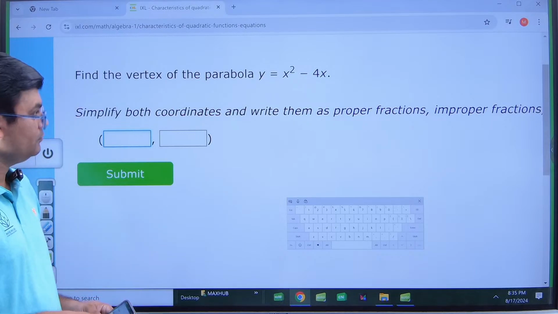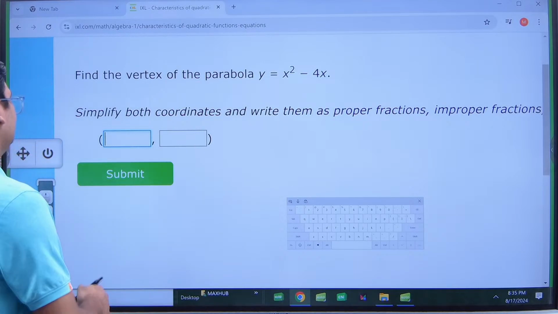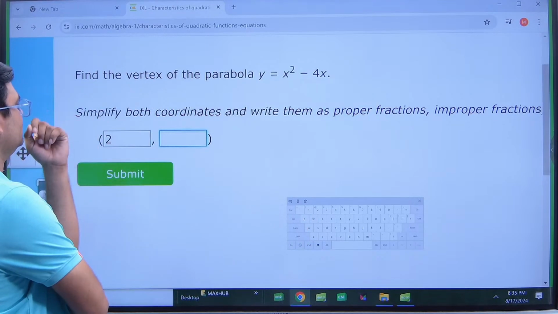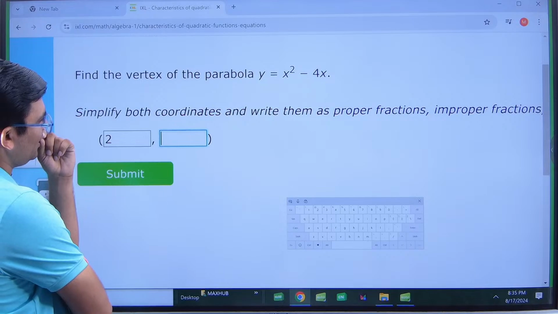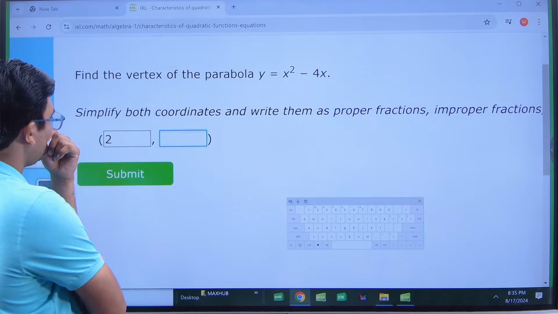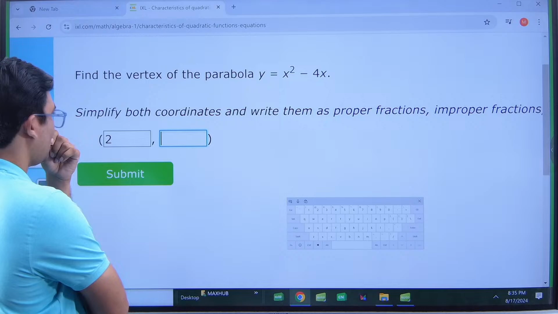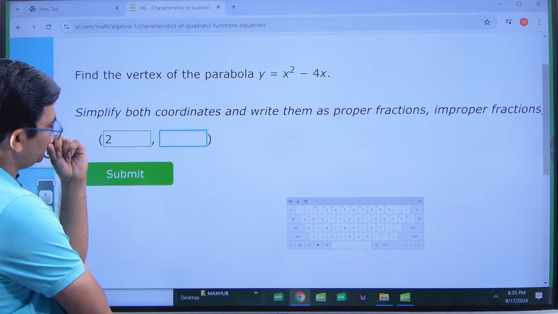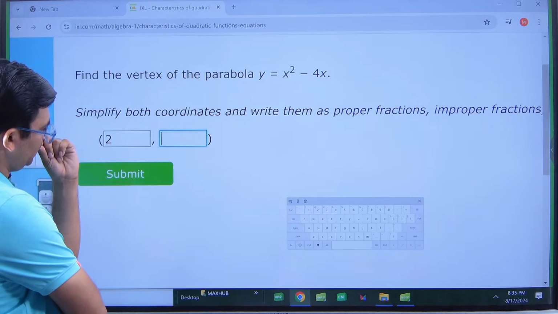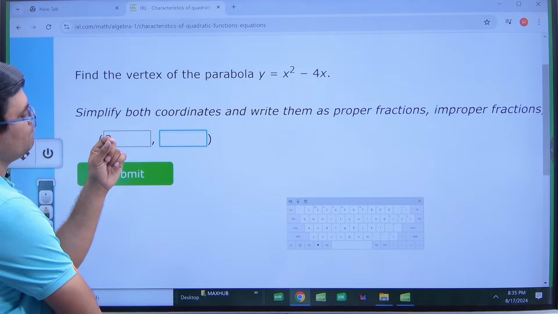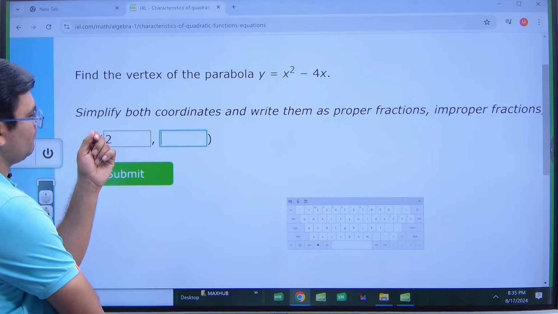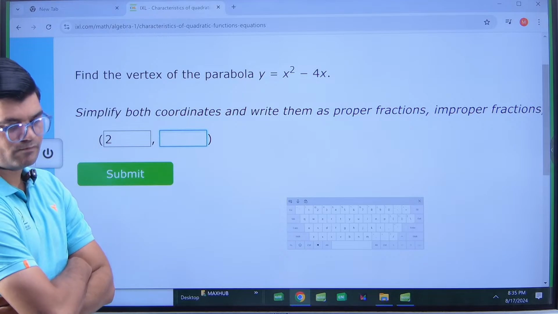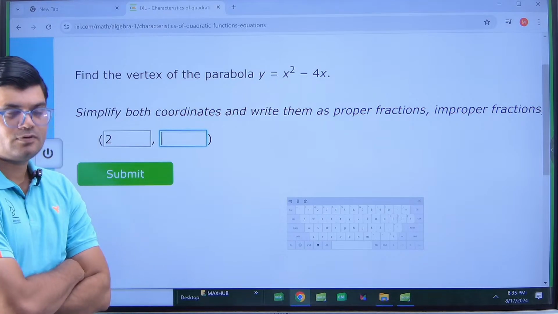X is 2. And then will y be 4? No, minus 4.